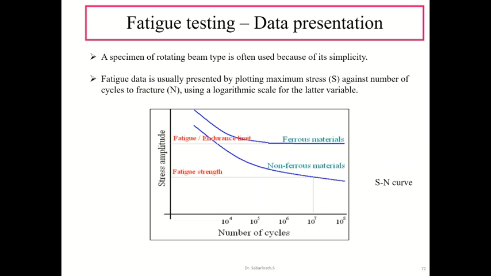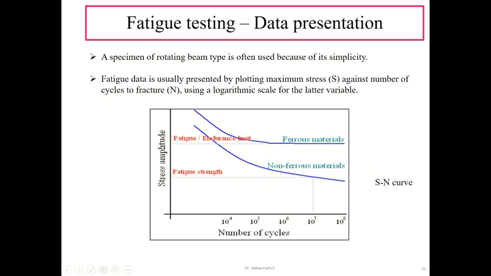Whereas in the case of ferrous material, it will not fail for any number of cycles under a limited stress condition. In this non-ferrous material, at 10 to the power 5 cycles, the failure will take place at a particular higher stress, and then at 10 to the power 7 cycles, which is more than 10 to the power 5, the failure will take place at a stress somewhere around here.